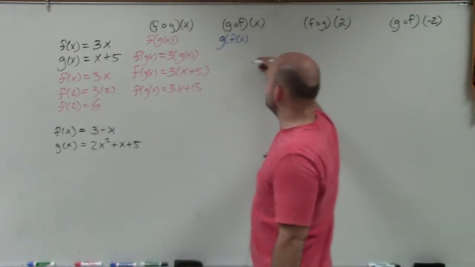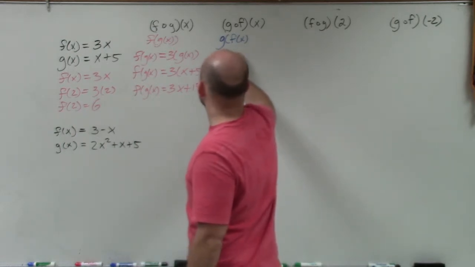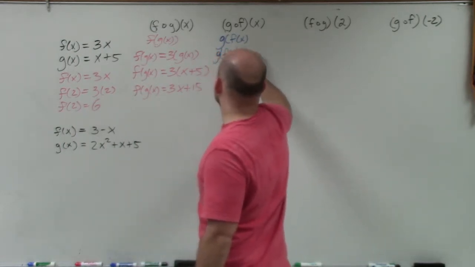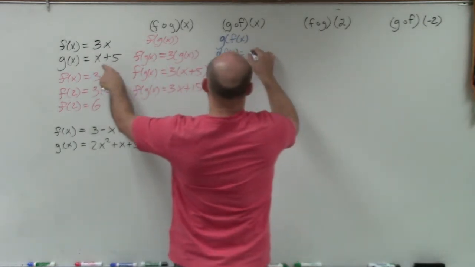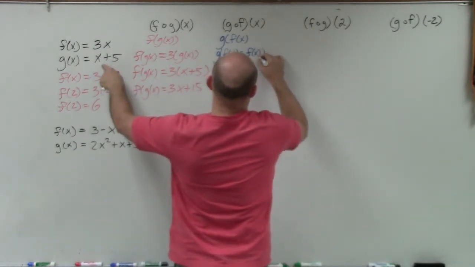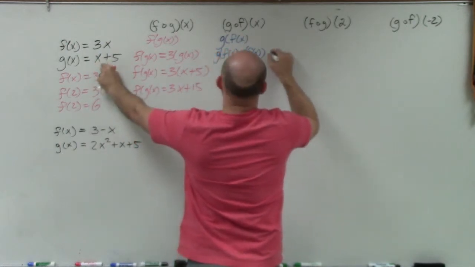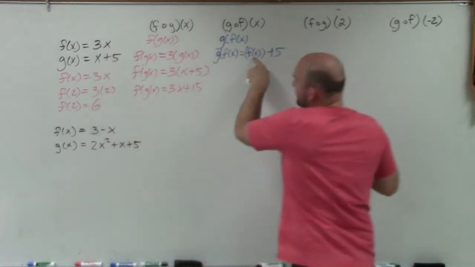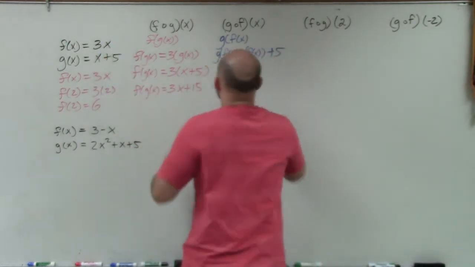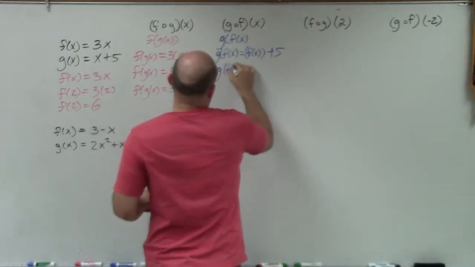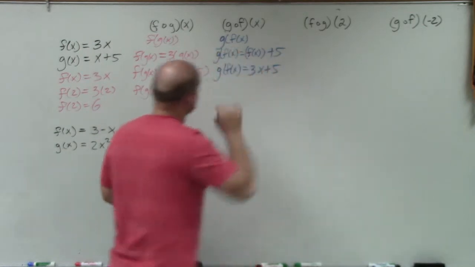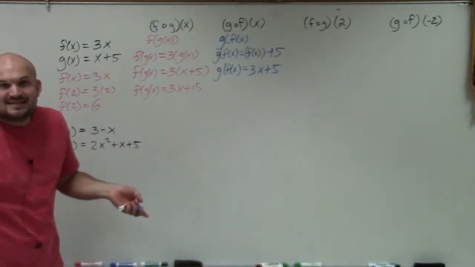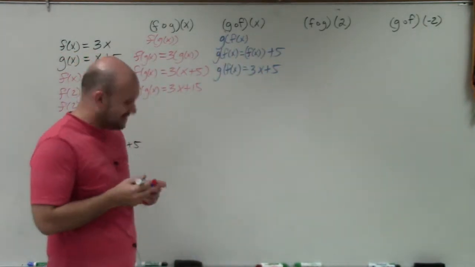So g of f of x is equal to, now I'm going to plug f of x in for the x in x plus 5. Well, what does f of x equal? f of x equals 3x. So g of f of x equals 3x plus 5. And that's it. I can't simplify anything from that, so that's the end.